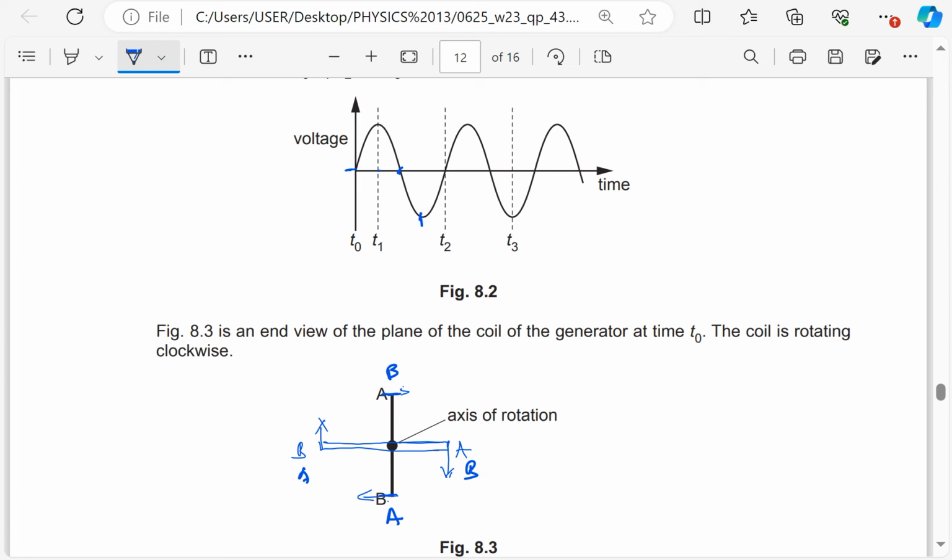Then at T2, A is here, a quarter cycle, A is here, B is here. Half a cycle, A is here, B is here. At 3/4, A is going to be here, B is going to be here. Then a full cycle.